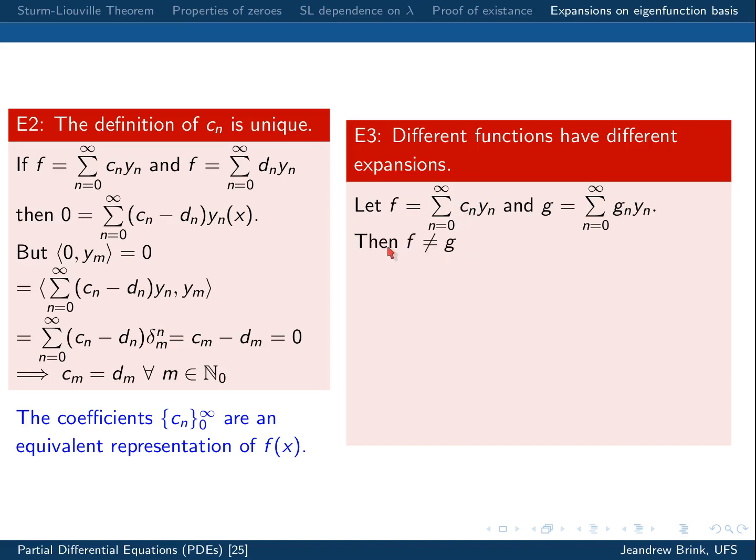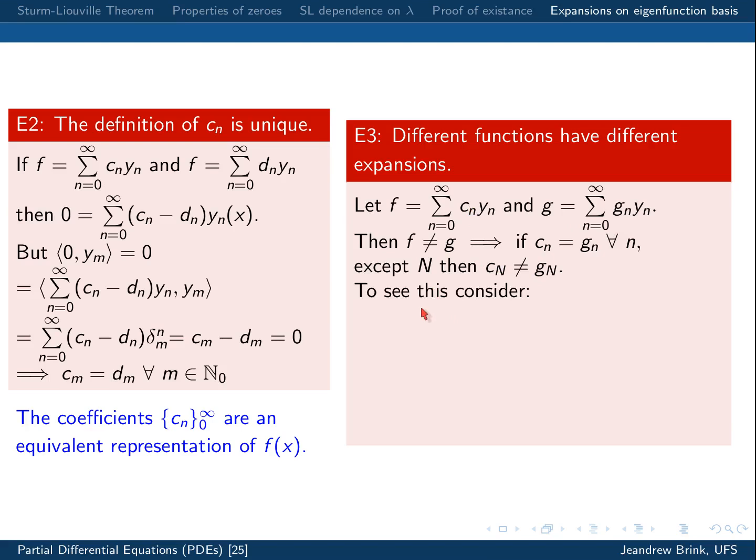So what we basically have is that if f is not equal to g, then even if the expansion is the same for all n except a particular one, it must differ for that particular one. In other words, there is at least one value n such that the expansion coefficients aren't equal.